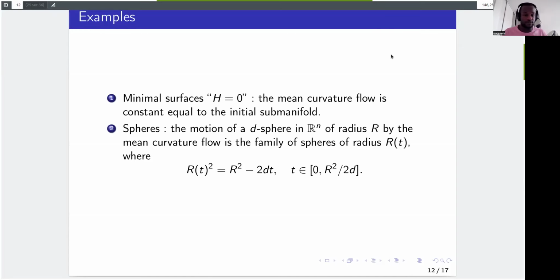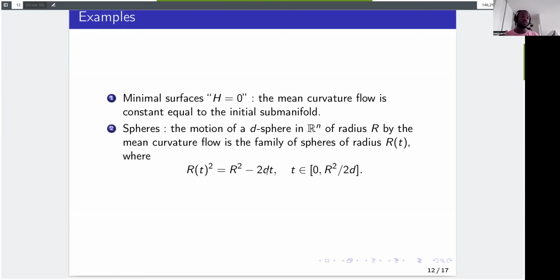Another example of mean curvature flow is the mean curvature flow of spheres. So as for circles, we have the same relation, but we have d here. It's because when we take the derivative of R squared with respect to t, we get 2 times R times the derivative of R equal to 2d, and this gives R prime equal 2d over R. And this is exactly the mean curvature of a sphere.